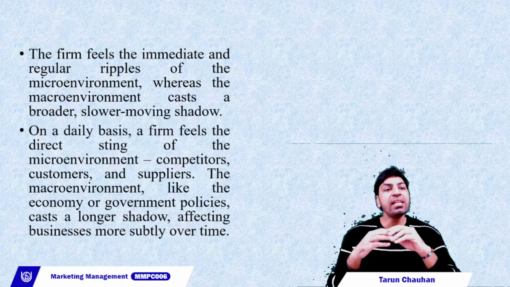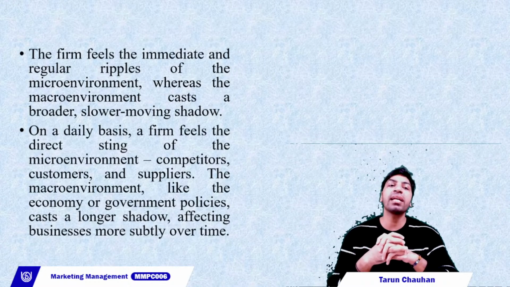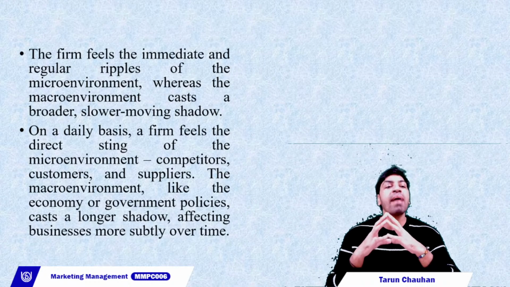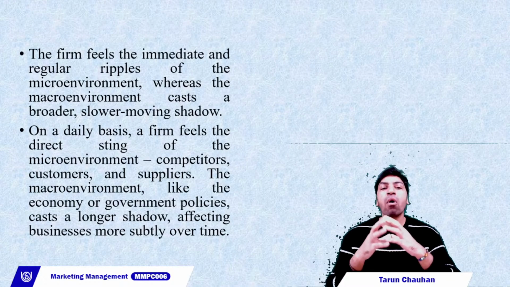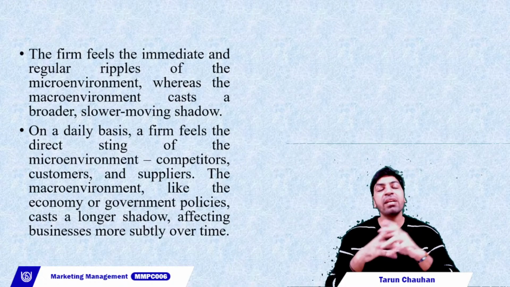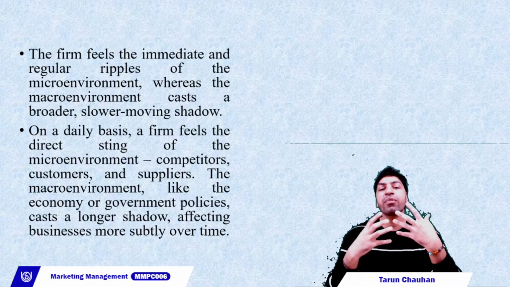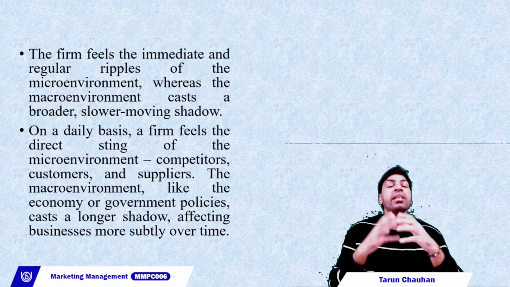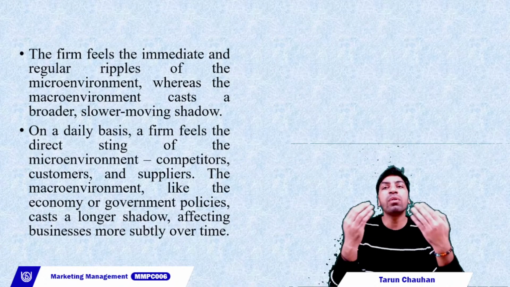The firm feels the immediate and regular ripples of the micro environment, while the macro environment casts a broader and slower moving shadow. When business organizations operate in any market, they always operate amid regular changes.